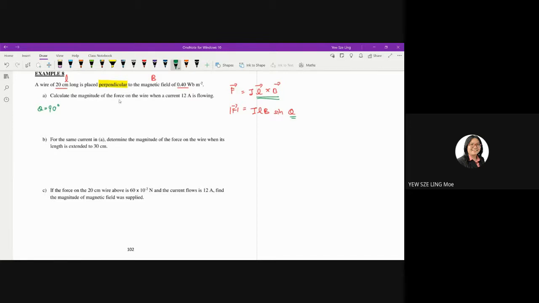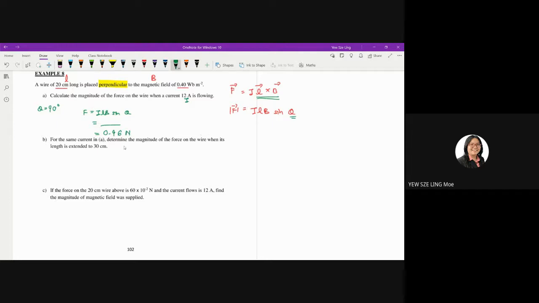Calculate the magnitude of the force on the wire when the current I, 12 ampere, is flowing through it. Now I have L, I have B, I have I, I have theta. Straight away I can get the answer. F equals ILB sine theta. Plug in the values and you should obtain 0.96 Newton.